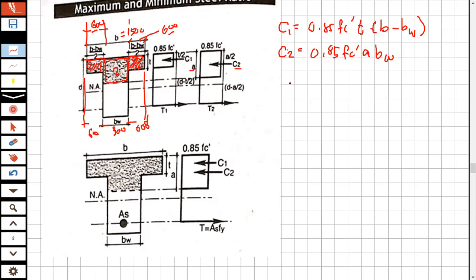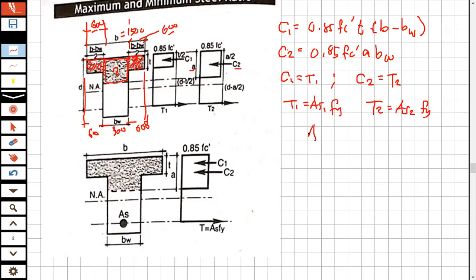Once you have this one, we can also have this relationship, C1 is equal to T1, gaya din sa doubly reinforced beam. You also have C2 is equal to T2. T1 is equal to As1 fy. Ano yung T2? Of course, As2 fy.